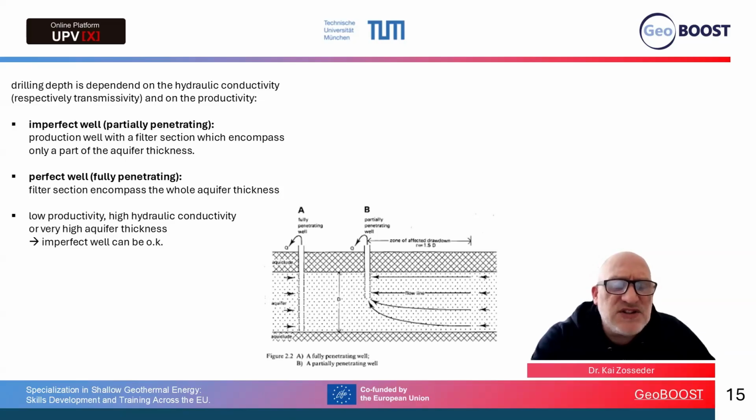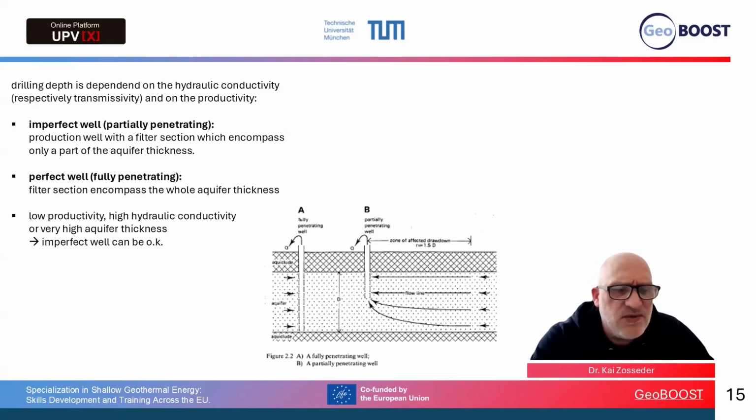This can have some advantages, like you just save money because you do not have to drill so deep. The reason can be that you do not need so much water for your ground source heat pump, for example. So you need less water. You do not need so much inflow into your well.